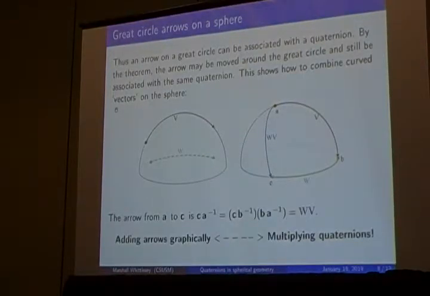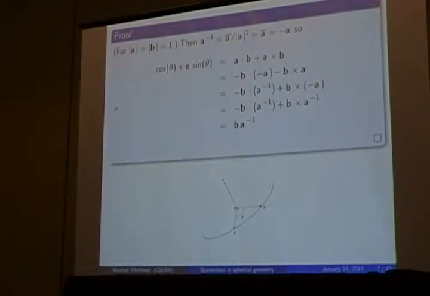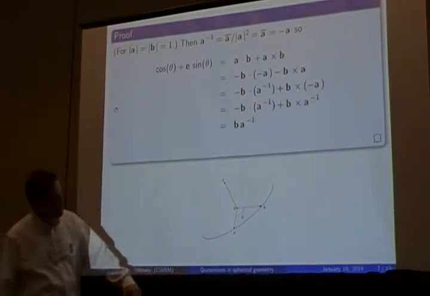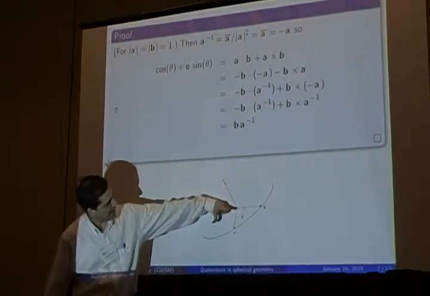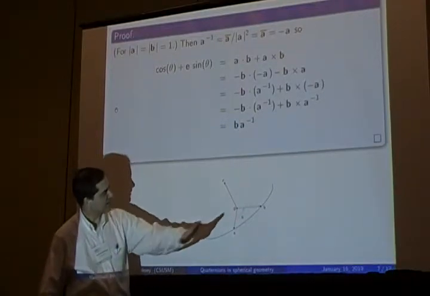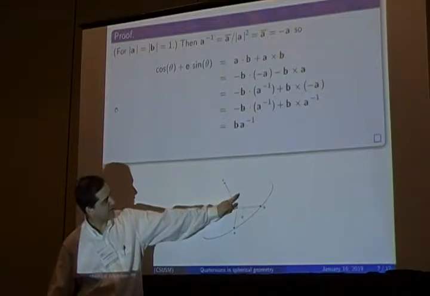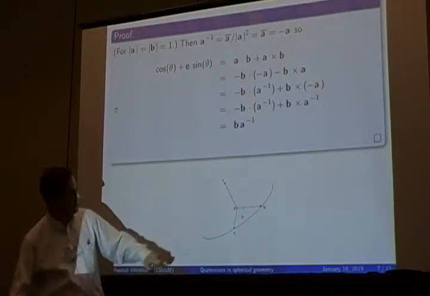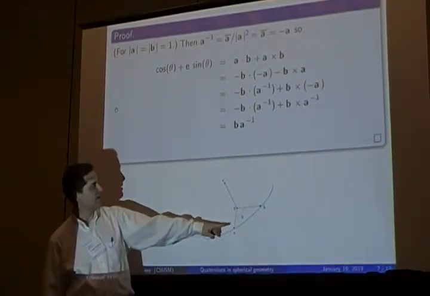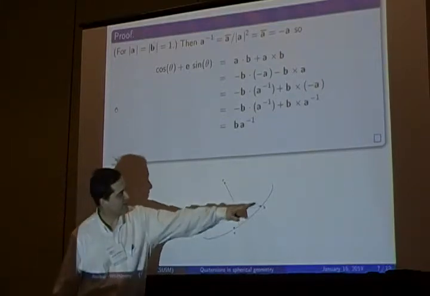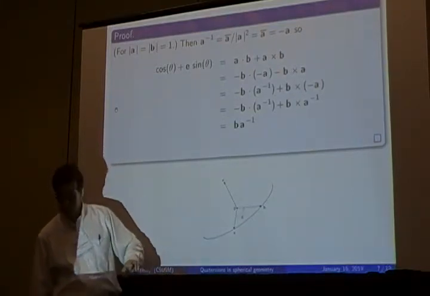What's more, let me emphasize, it did not matter where A and B were in the plane, as long as they were in the plane perpendicular to E. If I rotate A and B around this circle that I've drawn here in space, as long as the angle between them is theta, then BA inverse is cos theta plus E sine theta.